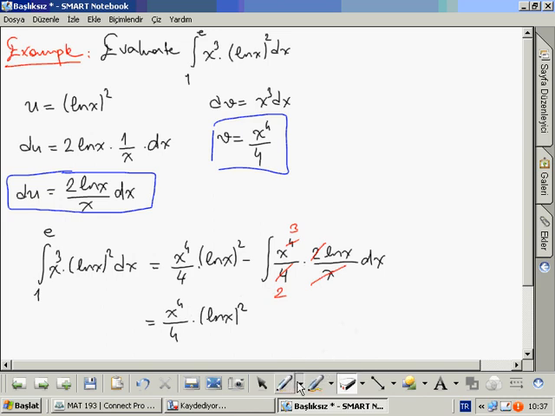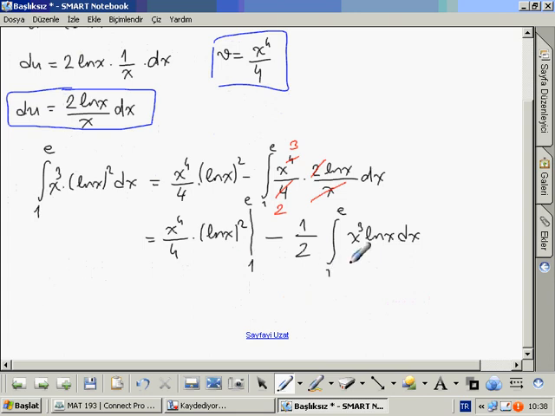So x to the 4 over 4 times ln x square, and this part you can evaluate from 1 to e, and the other part is minus 1 over 2 times integral from 1 to e of x cube ln x del x, right?